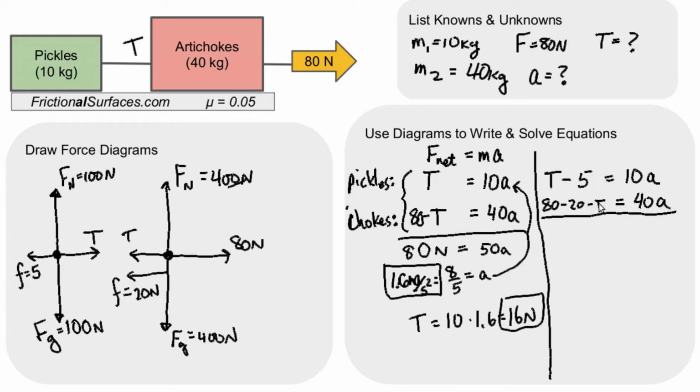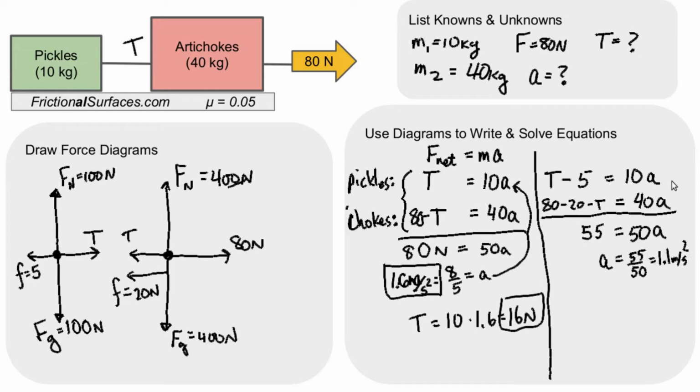So I have t minus t, no t's, and I have 80 minus 20 is 60, minus 5 is 55. So 55 equals 50a. A now equals, divide both sides by 50, 55 over 50, or 1.1 meters per second squared.